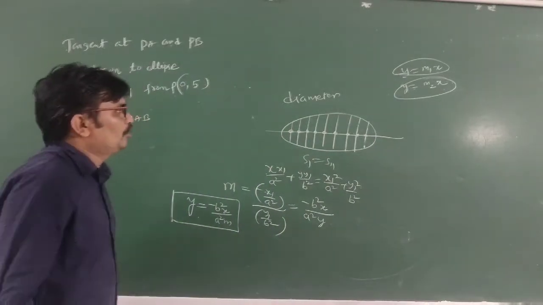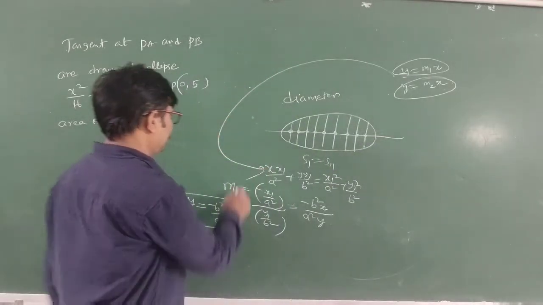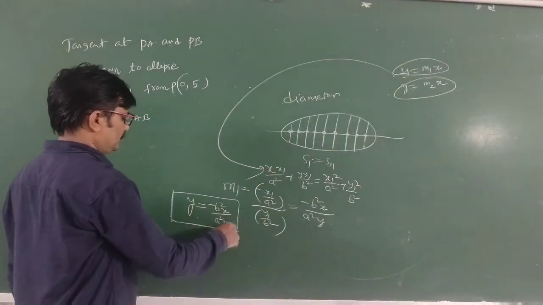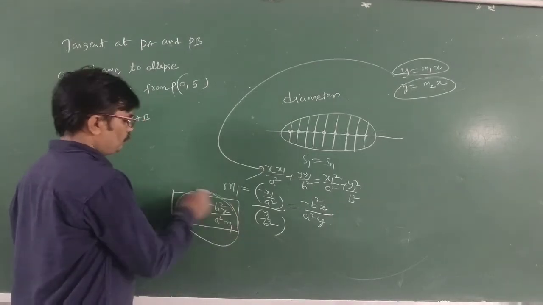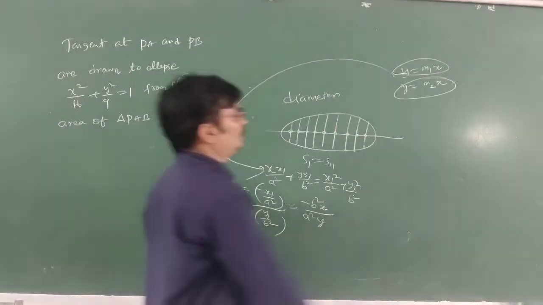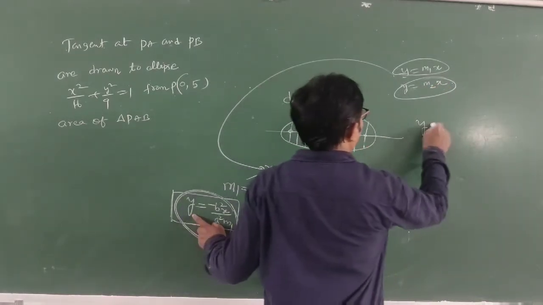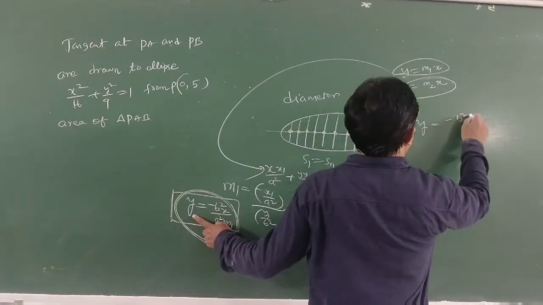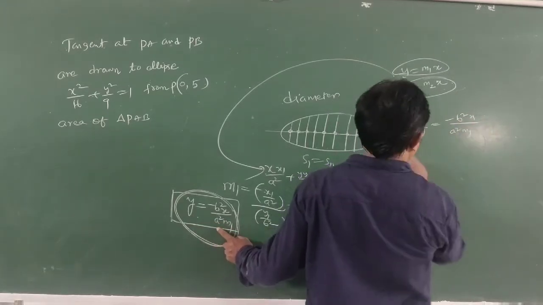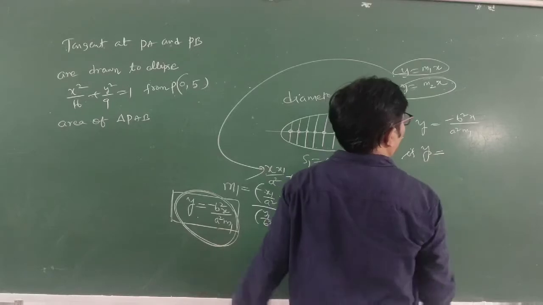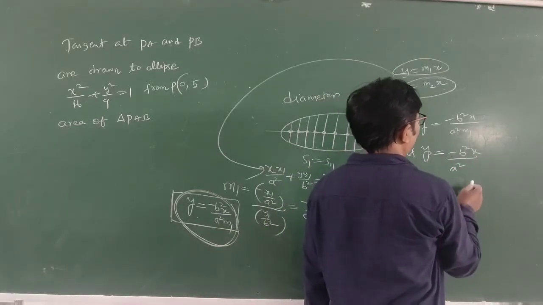So students, suppose you take the first one like this. When you take m1, we have to compare it with the given one. So this y equal to minus b square x by a square m1 is compared with y equal to minus b square x by a square.